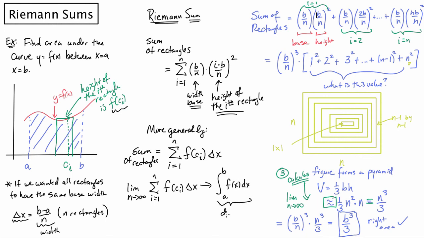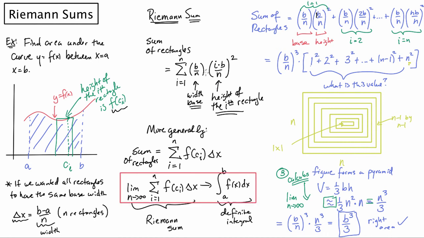So this is called the definite integral, and this is called its Riemann sum. And so one of the most important things in the course is that you understand this relationship. If you do the limit of this process that we've been talking about here, that ends up being the integral as we define it.